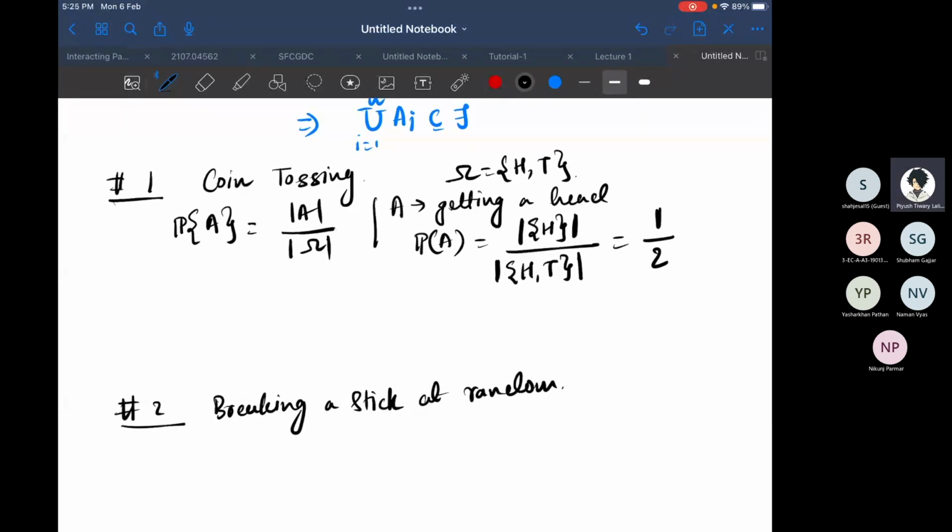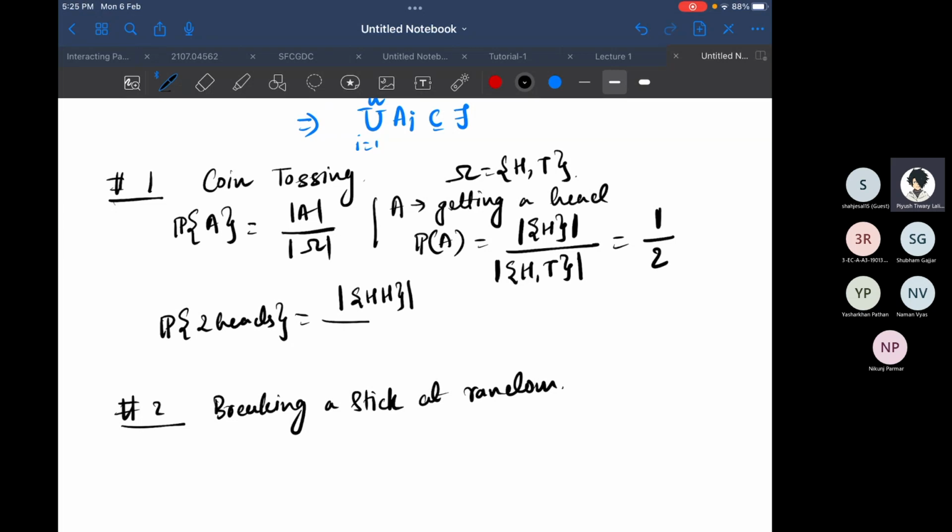Now similarly, let's say that I am tossing the coin twice, and I ask you what is the probability of getting two heads. I will ask, what are the favorable outcomes for me? Only one possible outcome, heads comma heads, is favorable.